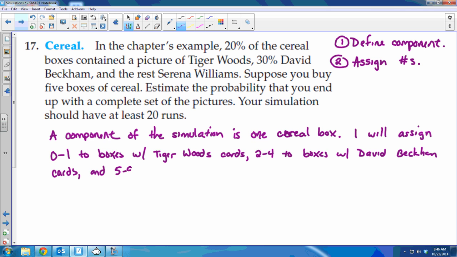And 5 through 9 to Serena Williams cards. So we did that yesterday because we have percentages that are multiples of 10%, right? So my digits should represent the same percentages.